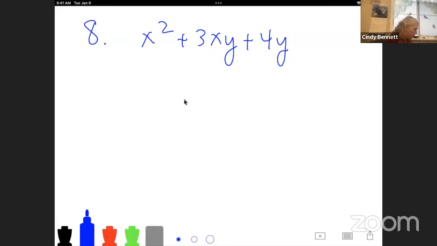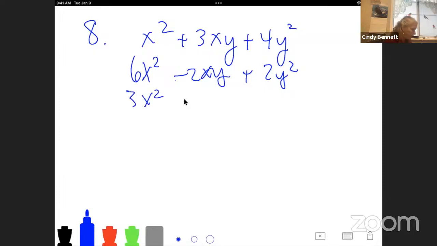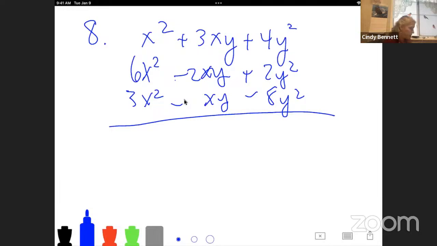So the next polynomial is 6x squared and then minus 2xy. So that goes under here, xy, they match up, plus 2y squared. Okay, so this is 4y squared, 2y squared. All right, then the third polynomial is 3x squared minus xy minus 8y squared. So I set these up vertically, and now I can add like terms.